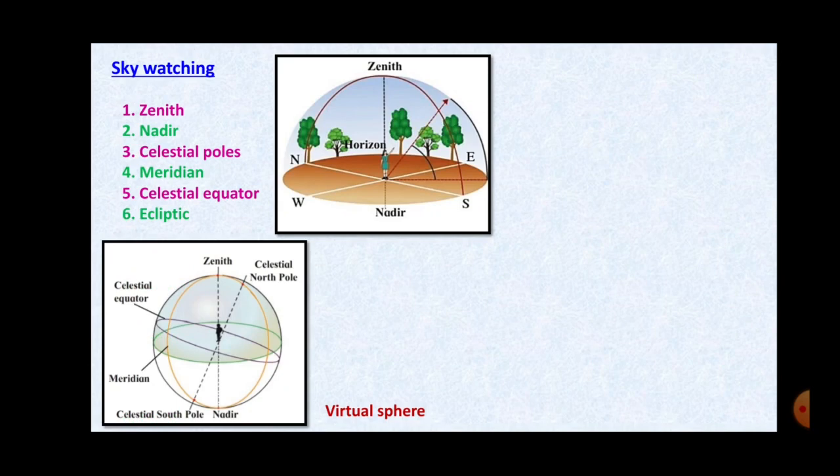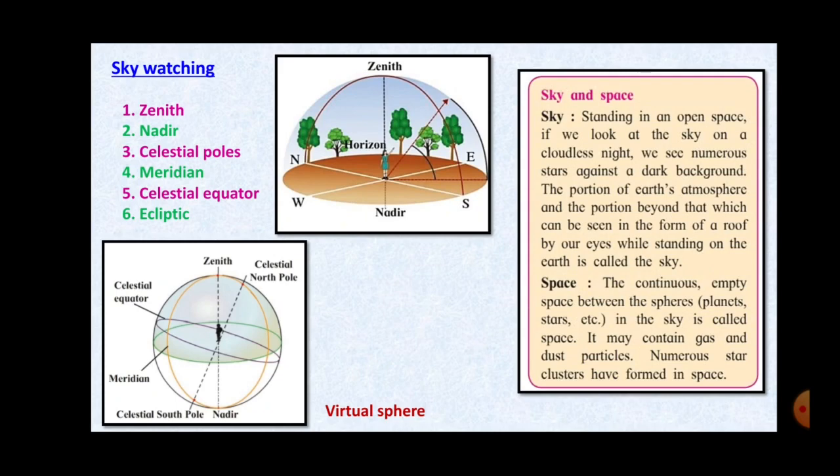The circle which describes the apparent motion of the sun is called the ecliptic. So, these are the few important terms which you should know when you are going for sky watching: zenith, nadir, celestial poles, meridian, celestial equator and ecliptic.